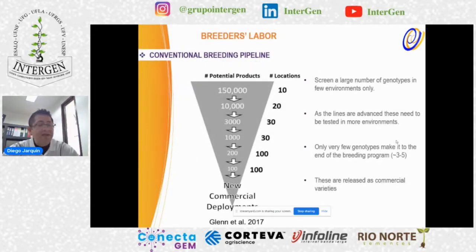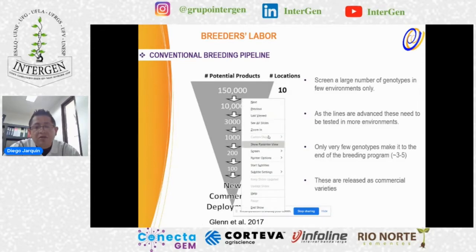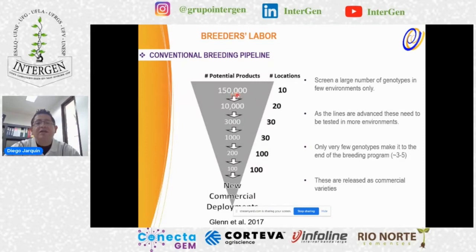So very quickly, this is the conventional breeding pipeline. You know for sure better than I do how it works. At the beginning, we need to screen a very large number of genotypes to be able to select the best ones and reduce the number of genotypes to be screened.